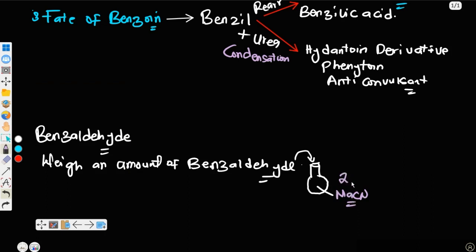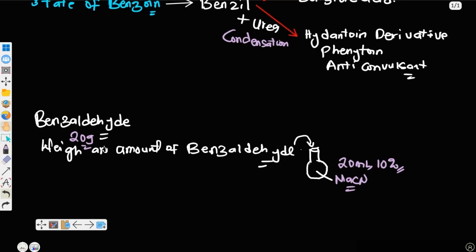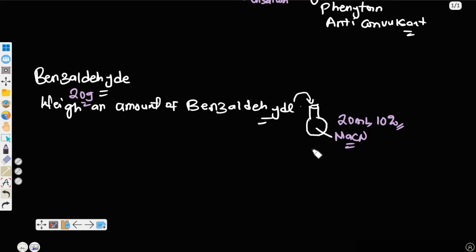In this case, they say 20 ml of 10%. All right, they say weigh 20 gram here. You may decide to put the gram in your head. For me, I will just say an amount of benzaldehyde was weighed and transferred into a round bottom flask containing sodium cyanide. Then after this, the next step now is to reflux by boiling in a reflux equipment.